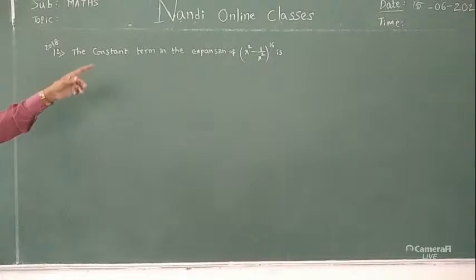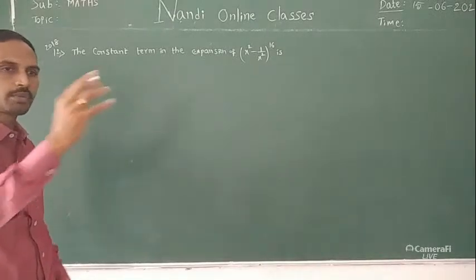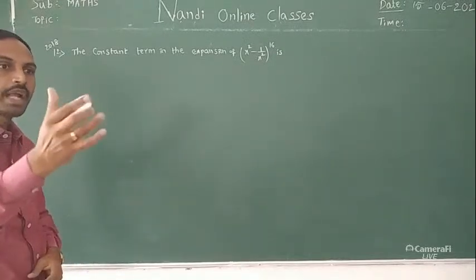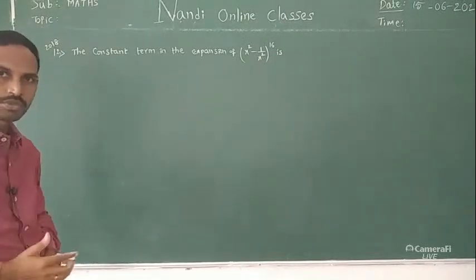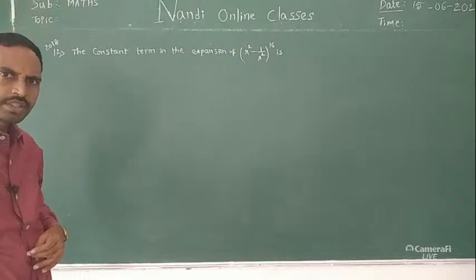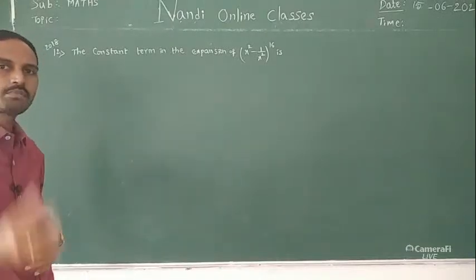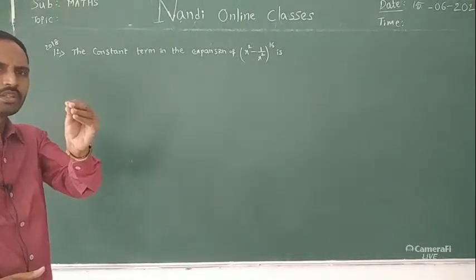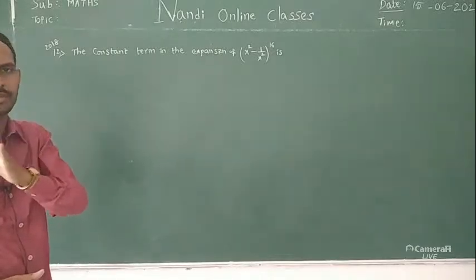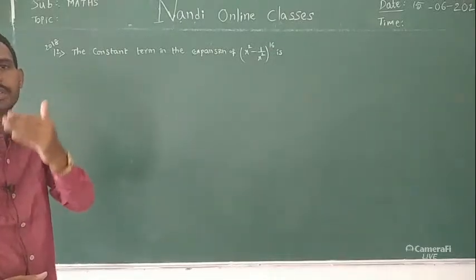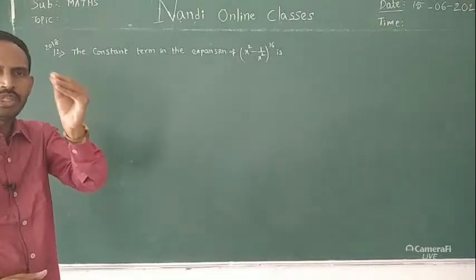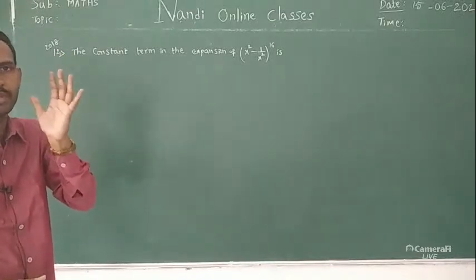For the constant term in the expansion, here one binomial expression is given; if you expand it you will get 17 terms. In that, what is the constant term? Constant term means the term not having x, only the constant is there. I want that term.